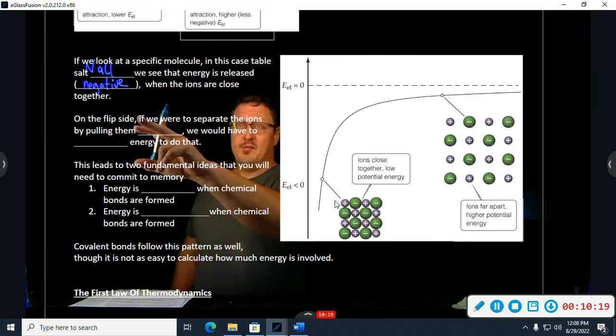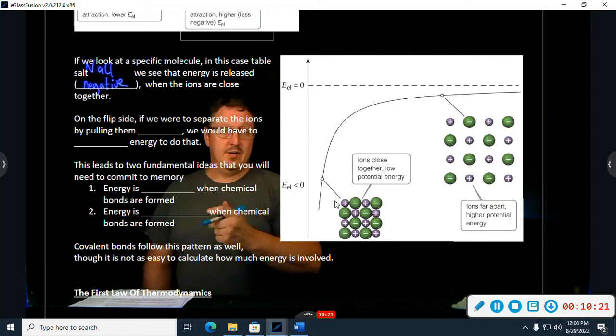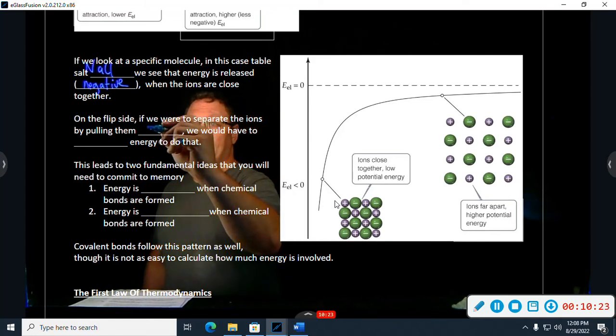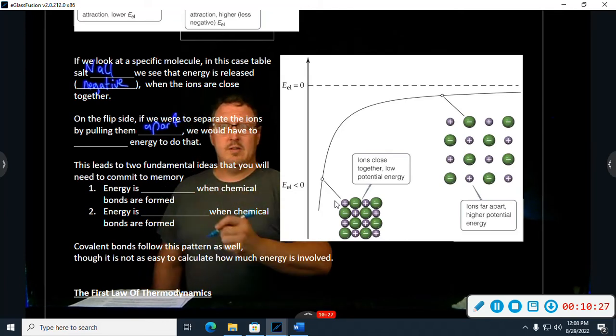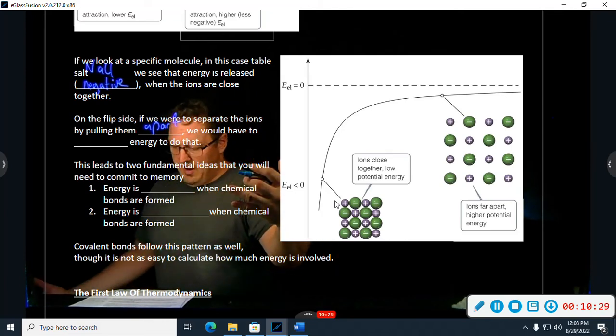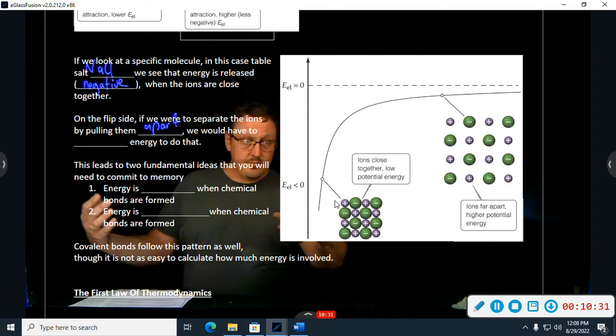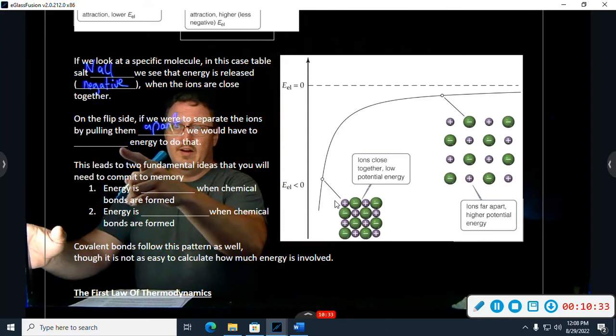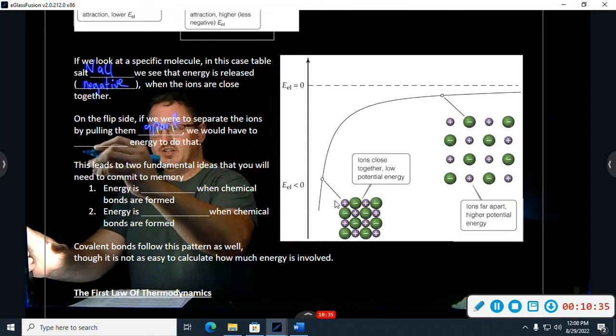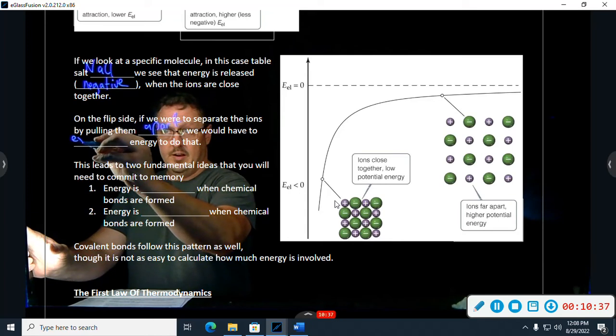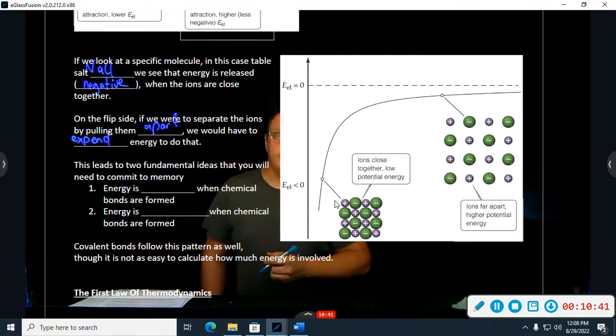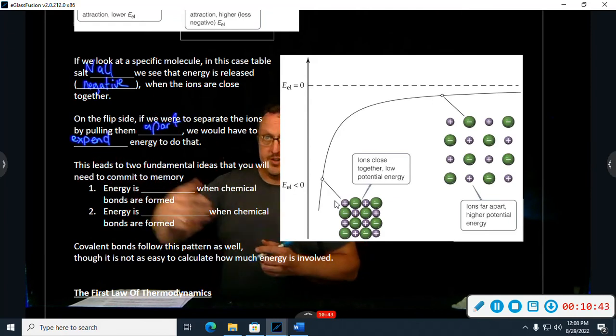On the flip side, if we were to separate those ions by pulling them apart, we would have to input energy to do that. So we'd have to expend or input energy. I'm going to write expend because I like that. It makes sense to me. So we would have to expend energy or input energy to do that.